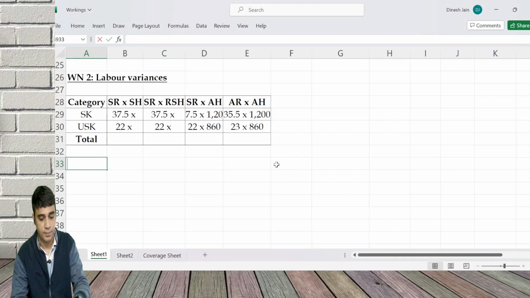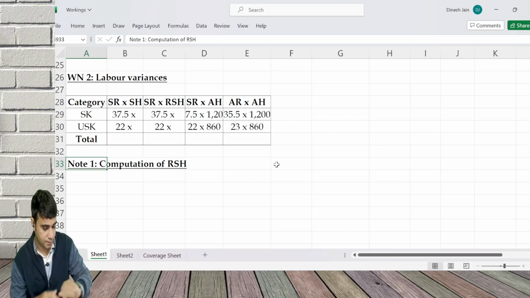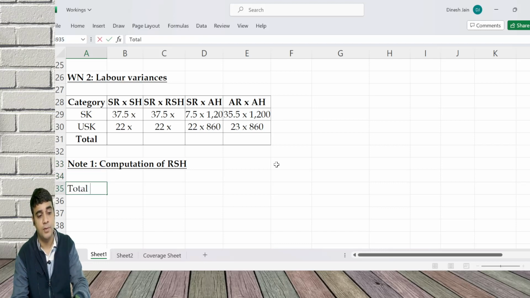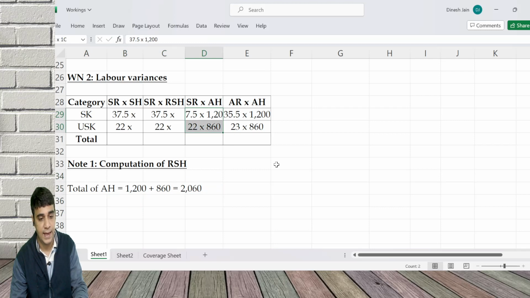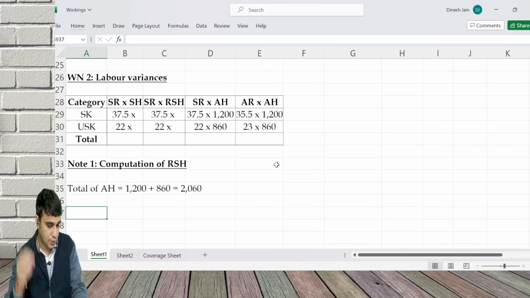Note 1: computation of RSH. For computing RSH, we need to take the total of AH, which is 1200 plus 860, 2060.